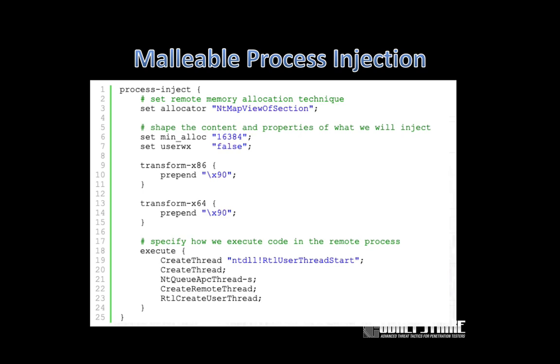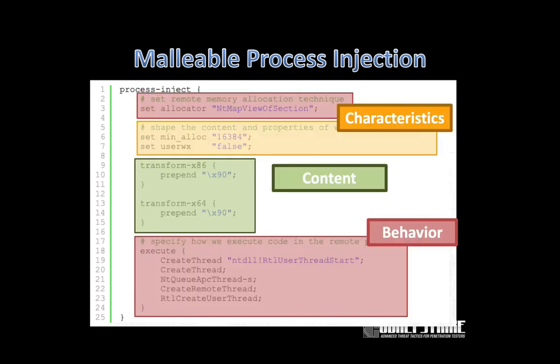Well, Cobalt Strike gives you control over how it does process injection via your malleable C2 profile. That is the process inject block. Here's what it looks like. The process inject block can shape the characteristics, behavior, and content when Beacon does process injection.